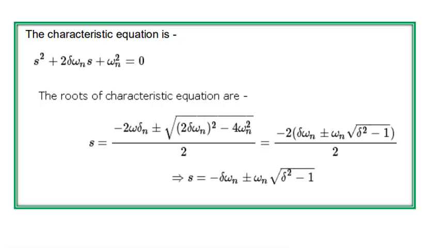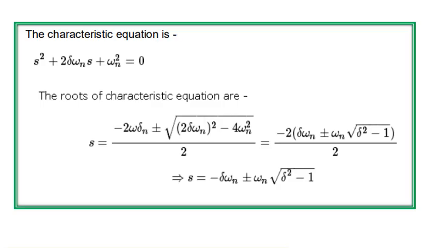In this equation, b is 2 zeta omega n. So I put minus b plus or minus square root of b square, that is 2 zeta omega n whole square, minus 4ac, where a is equal to 1 and c is omega n square, divided by 2 into a.